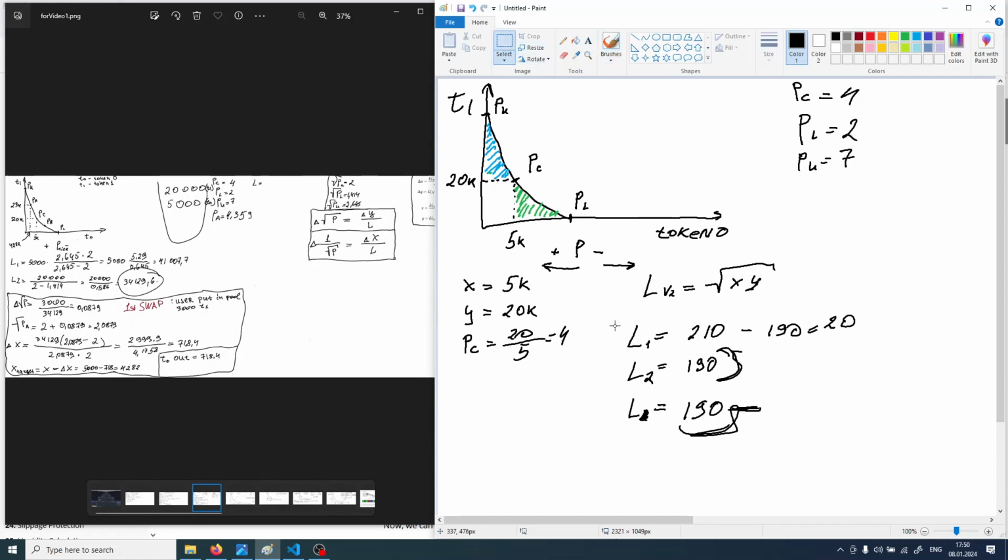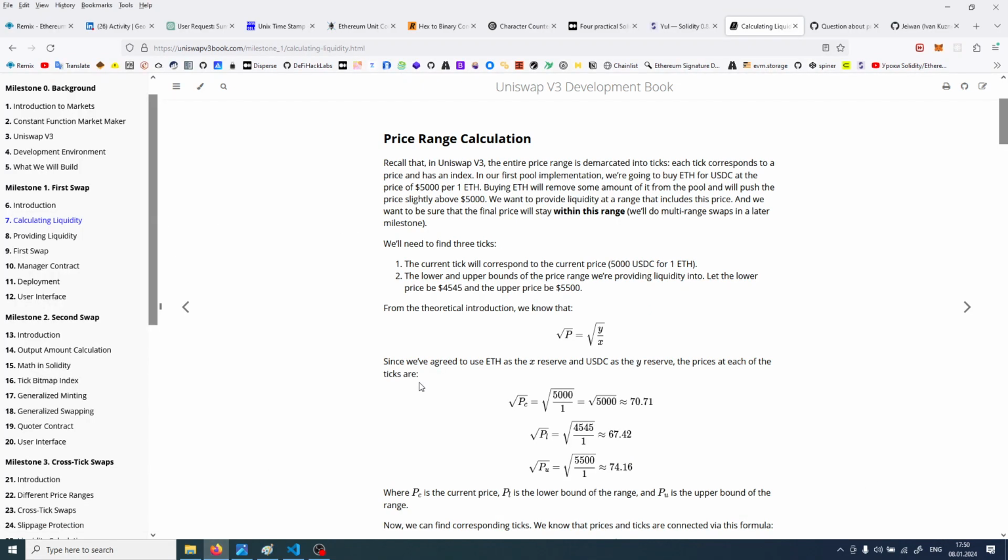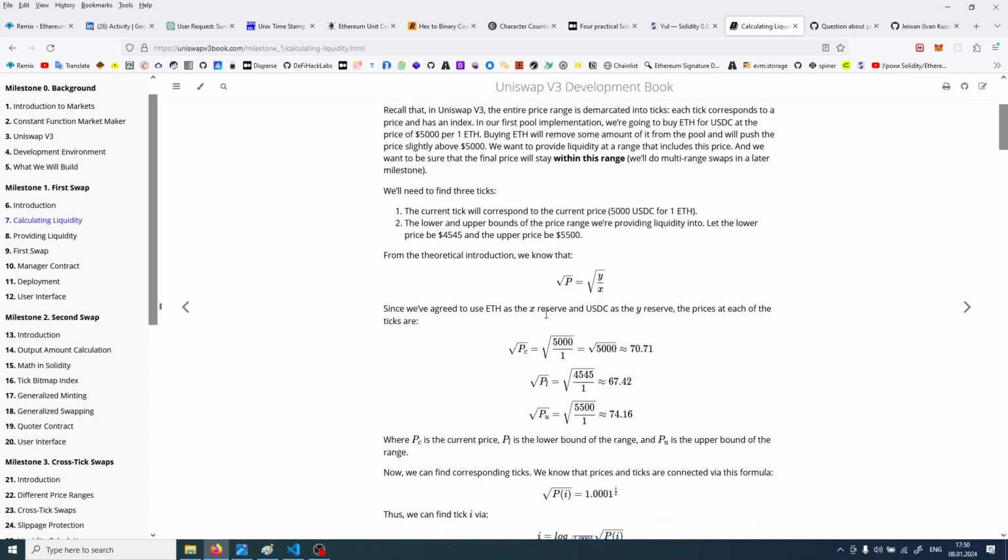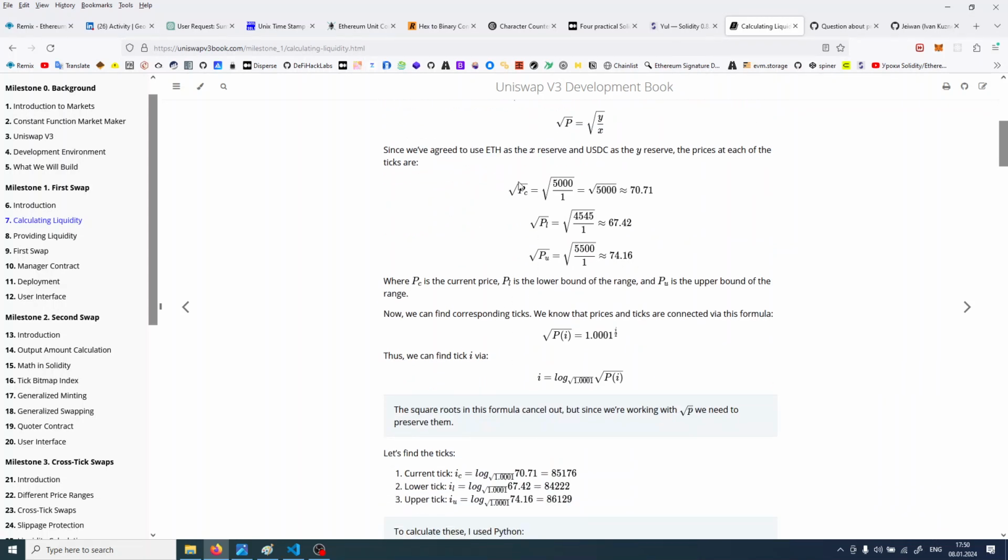Okay, which formula will we use? We can see this in this book. First of all, we need to calculate the square root of the price.